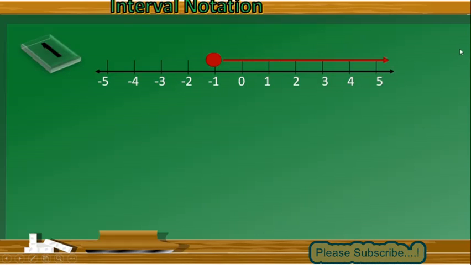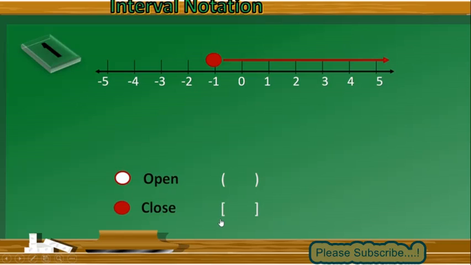So how do we write the interval notation when it is unlimited or there is no bound? We notice that our point is a closed circle, so we will use the bracket.